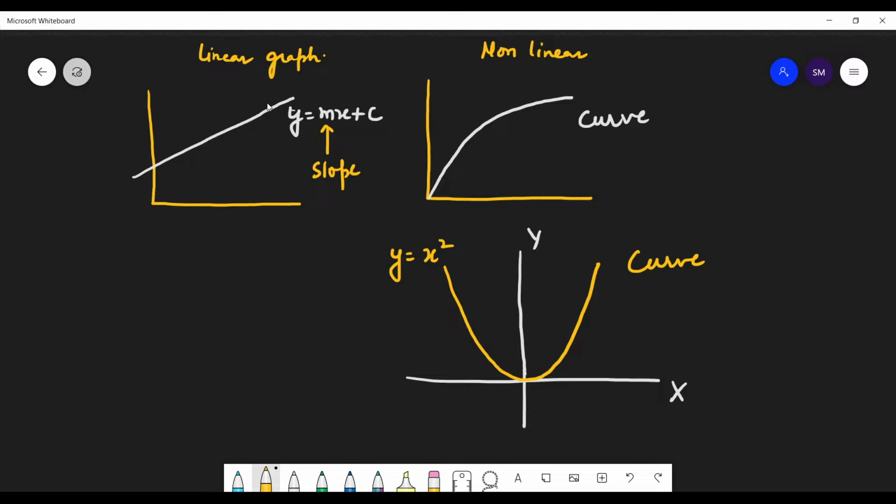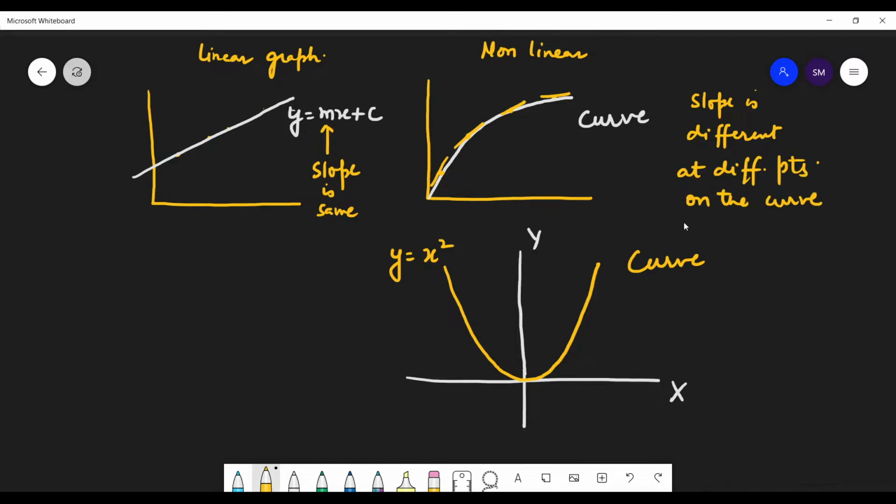Here also it's the same slope at all the points, but here slope is different at different points on the curve. Okay.